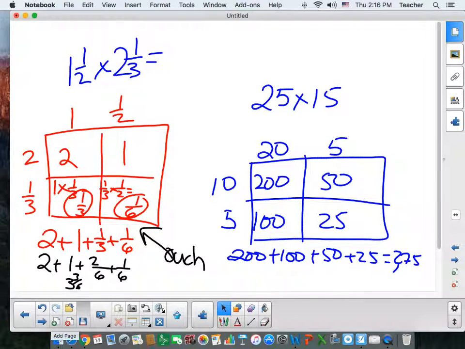Now, it is exactly the same thing that we have done in the past, except we're using fractions. Now, worst case scenario is you actually have to draw inside here.